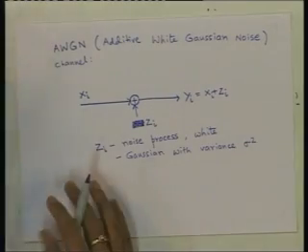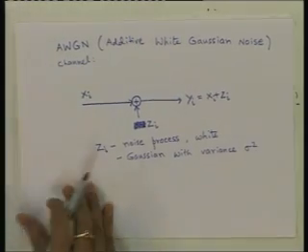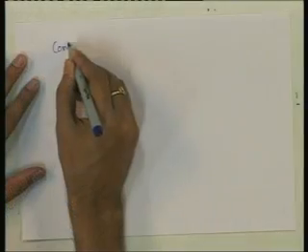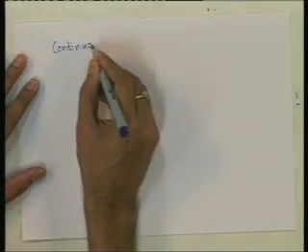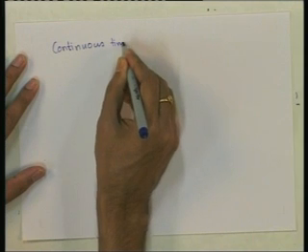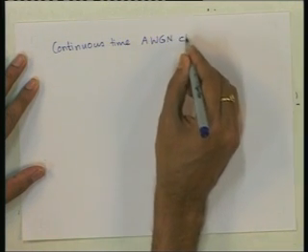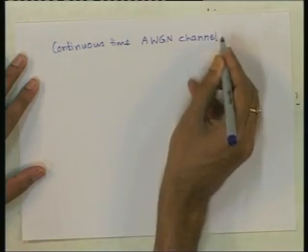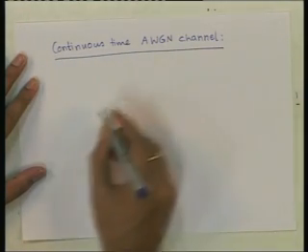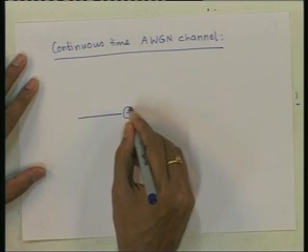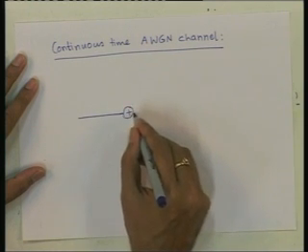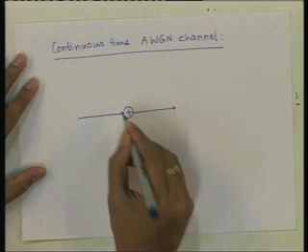Now, we can similarly have the continuous time version of this channel, where we will be transmitting a continuous waveform. So, this is the continuous time AWGN channel, where we will transmit, instead of discrete samples, continuous waveforms.